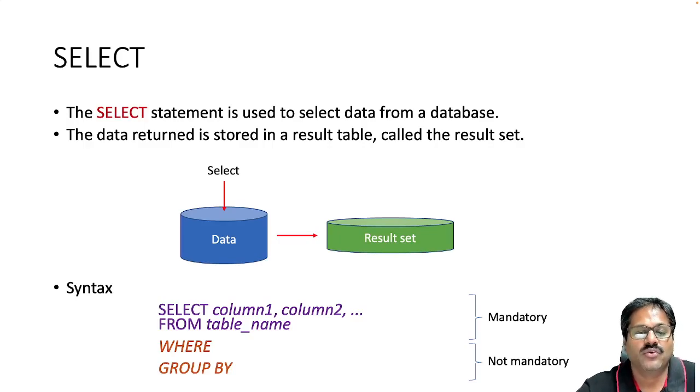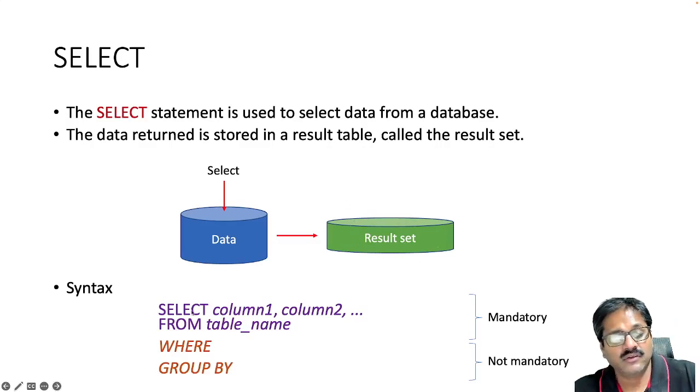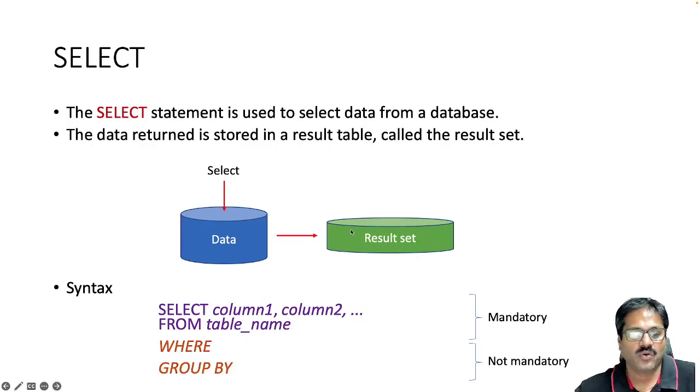If you execute the select query on the data, the result of that query is called the result set. The syntax is select columns from the table name where, group by.